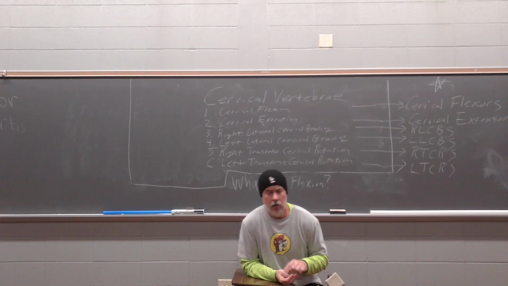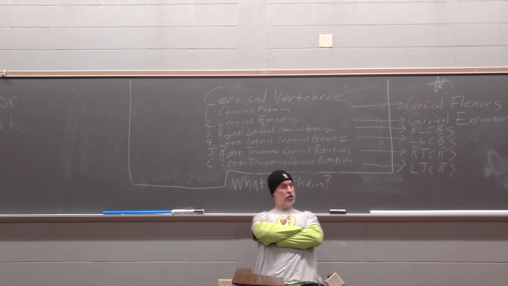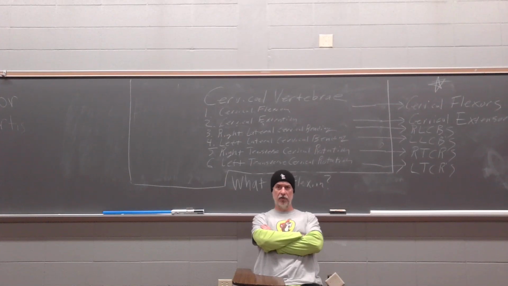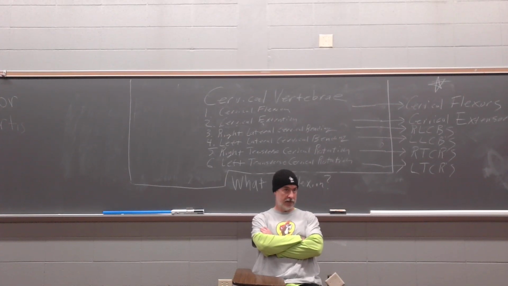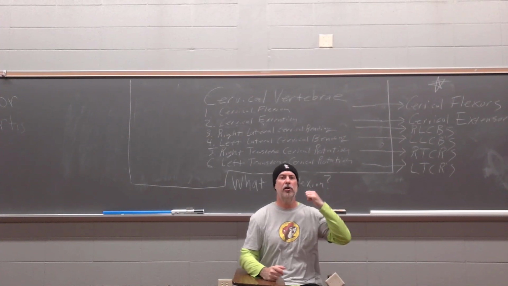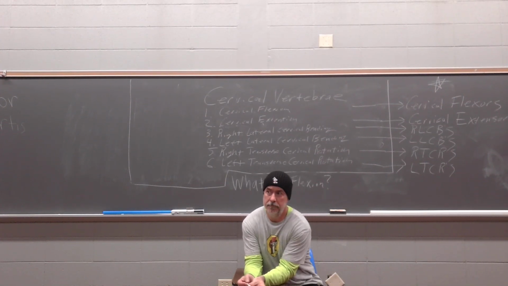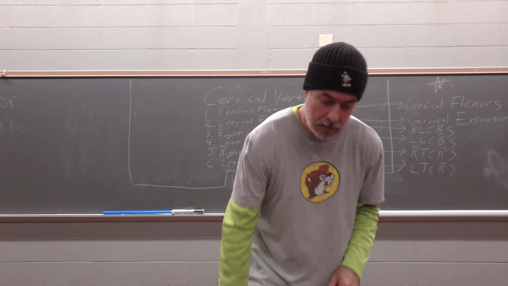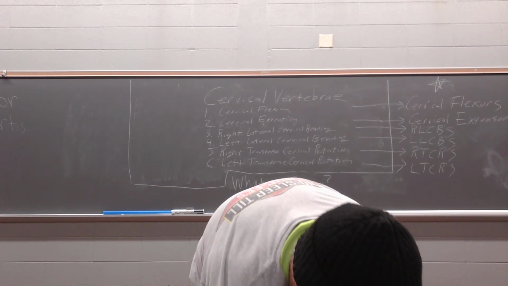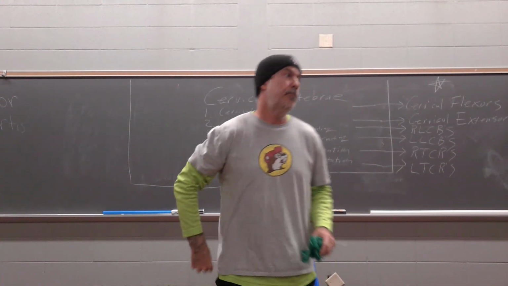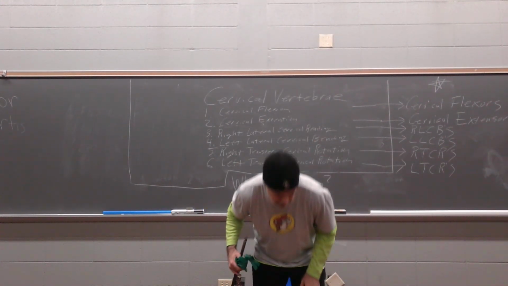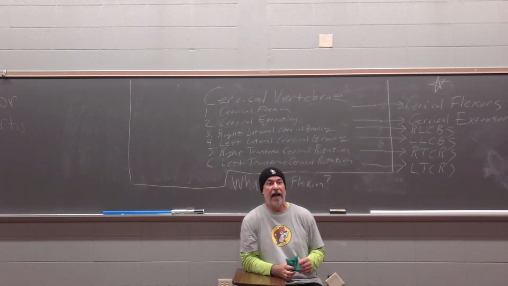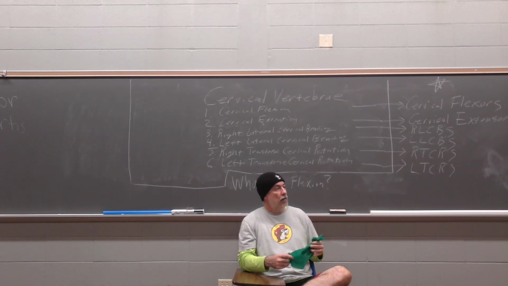What if, same concept, what if we wanted to stretch left lateral cervical benders? This is 310 review. What if we wanted to stretch? Muscles can only do what? Starts with a P. Pull. Guys, muscles can only pull. If muscles could pull and push, we would only need half the muscles in the body.